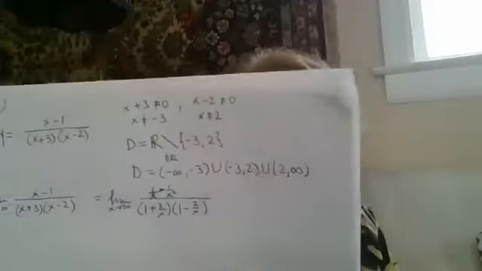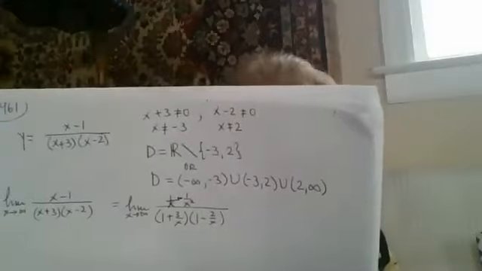So what do you have on the top? Please check carefully what you have. On the top, you have 1 over x. What would be the limit of 1 over x?